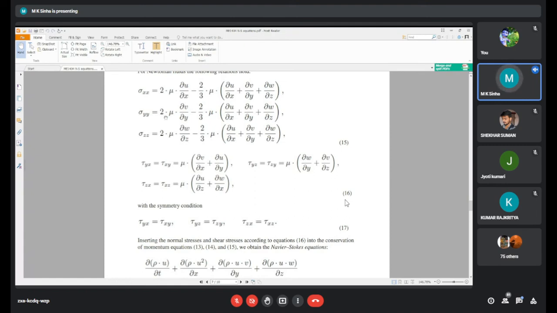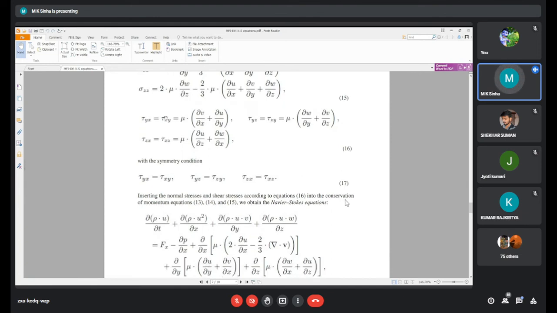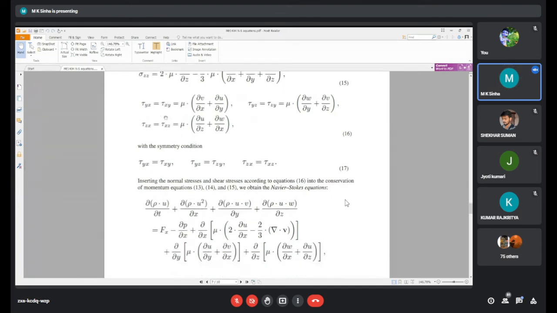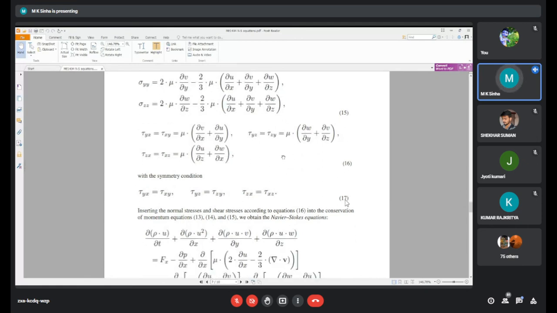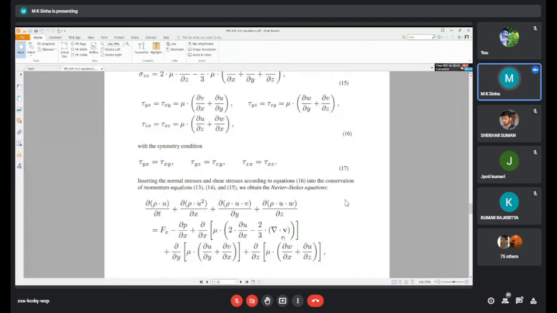This relation we have to write in place of sigma x. In vector form, this is del dot V, where del dot V is del u/del x plus del v/del y plus del w/del z, and V is the velocity vector.